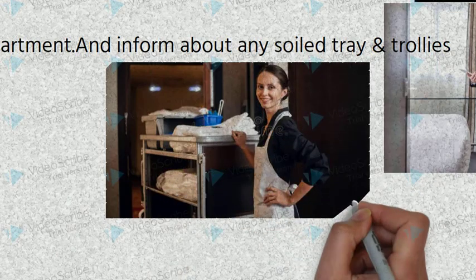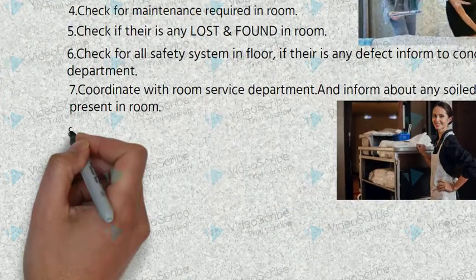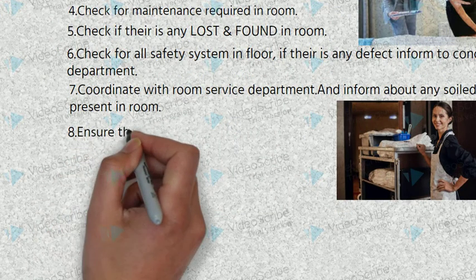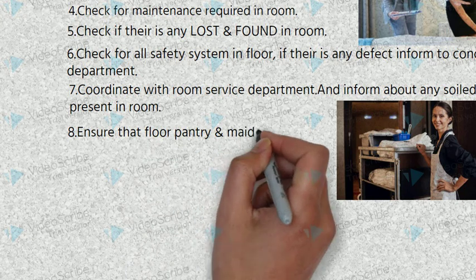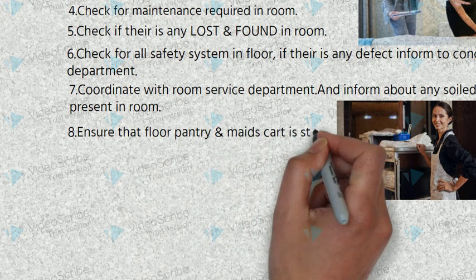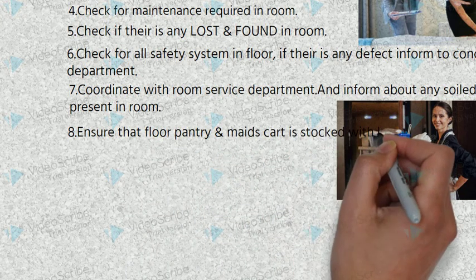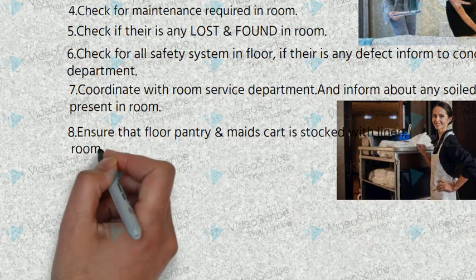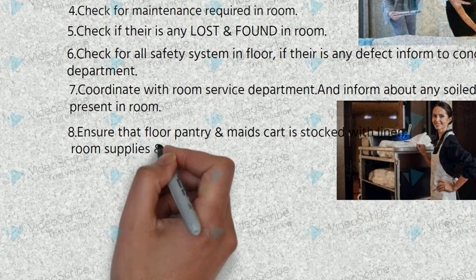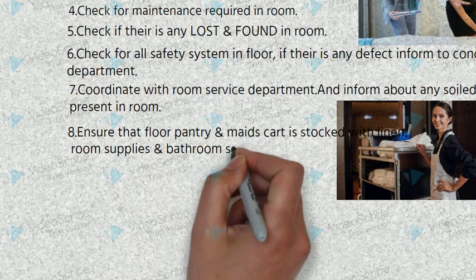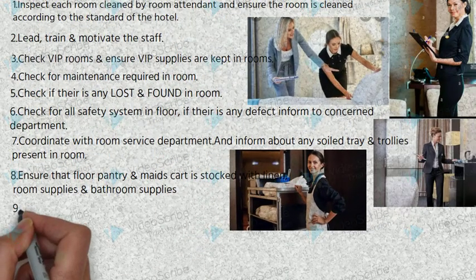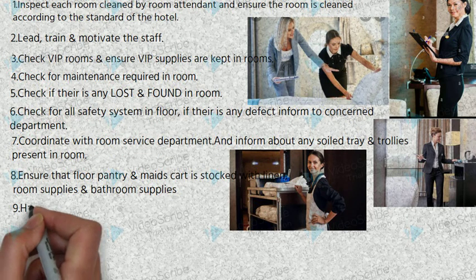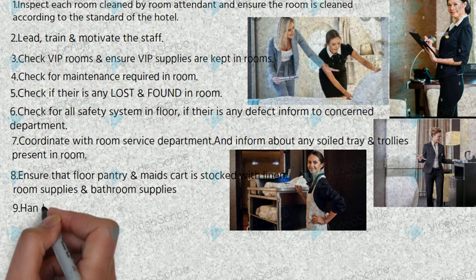As a supervisor, you should ensure that the floor pantry and room attendant's trolley is always stocked with linens, room supplies, and bathroom supplies, so that while cleaning the room, they should not find any kind of shortage of these materials.